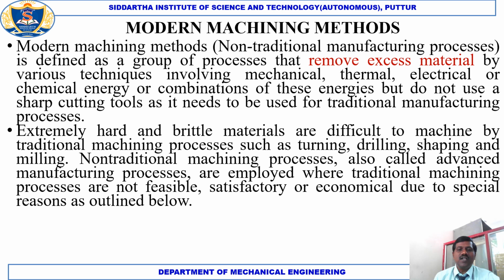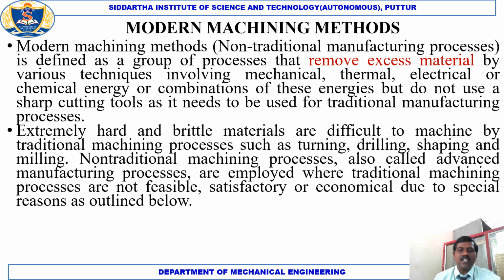The extremely hard and brittle materials are difficult to machine by traditional machining processes such as turning, drilling, shaping, and milling process. So by means of these modern machining methods, we can machine any material irrespective of their hardness and brittleness.